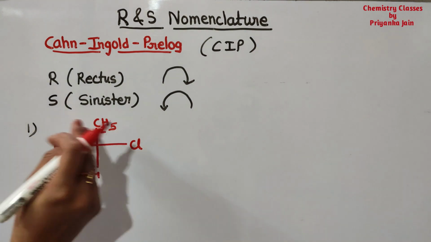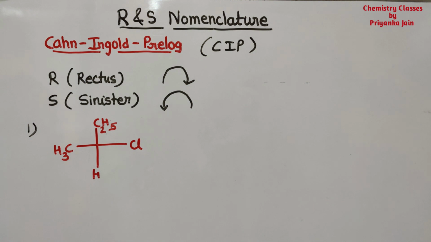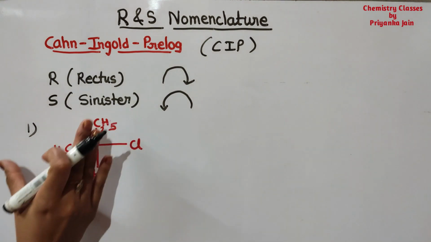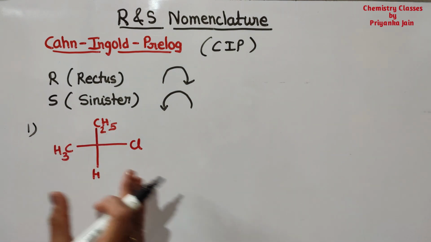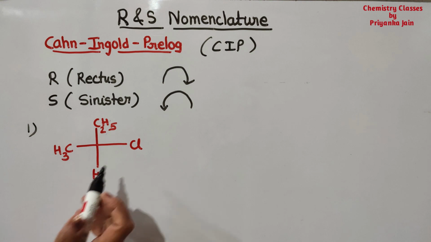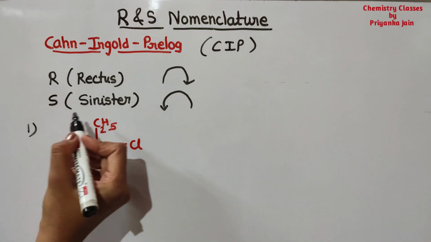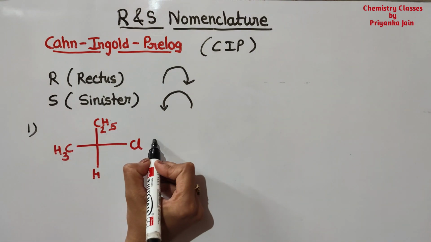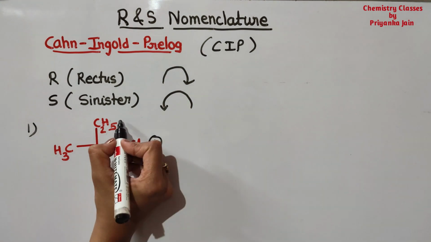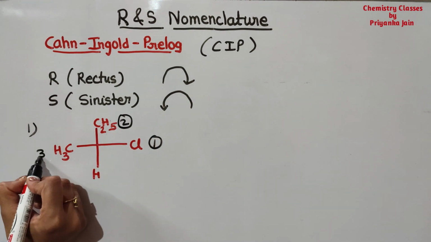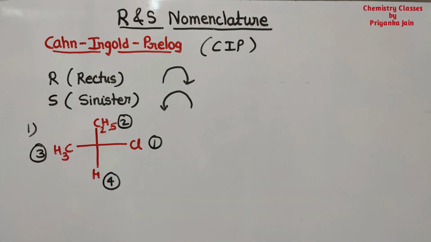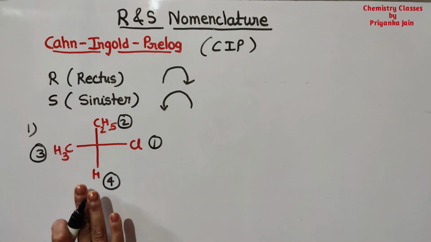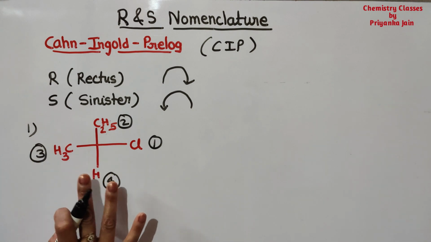So what do we have to do? Firstly, we have to give the priority to the four groups. There are several rules for giving the priority, the sequence, to the four groups, that we will see somewhat later. Firstly, we have to see the basic steps. The first step is to give the priority to these groups. The first priority will be for the chlorine, then for this, the third one for this, and the fourth one for this. Then we have to see from the side of this fourth priority group atom.